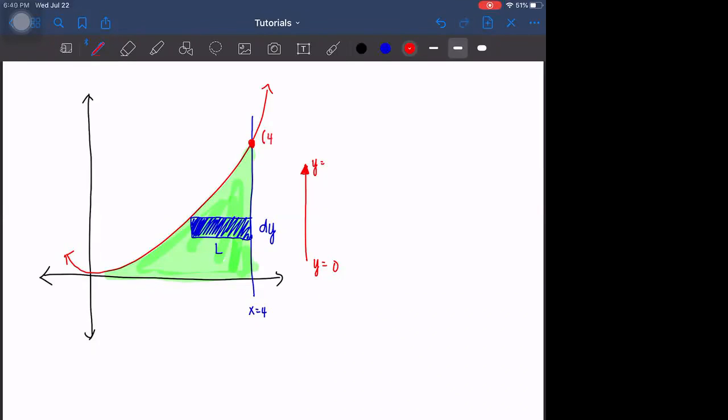If x is equal to 4, niya kani siya kay y equals x squared man ni. So, kung si x kuno kay 4, pila may y? 16, very good. So, kutob ni siya sa y equals 16. Di ba? So, ang atong area is equal to the integral of L dy from 0 to 16.